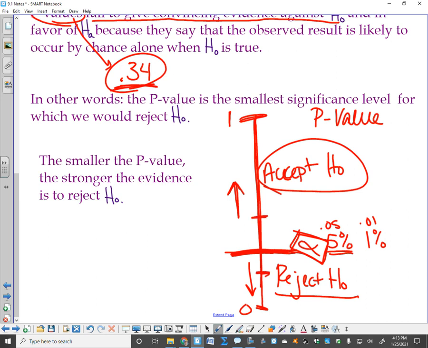If your p-value is down here, then Miss Hunter's guilty. You reject H sub O. That car does not get 47 miles per gallon. That ball bearing is not 6 millimeters. And you accept the alternate. The car does get less than 47 miles per gallon. Those ball bearings are not 6 millimeters. Miss Hunter is guilty.